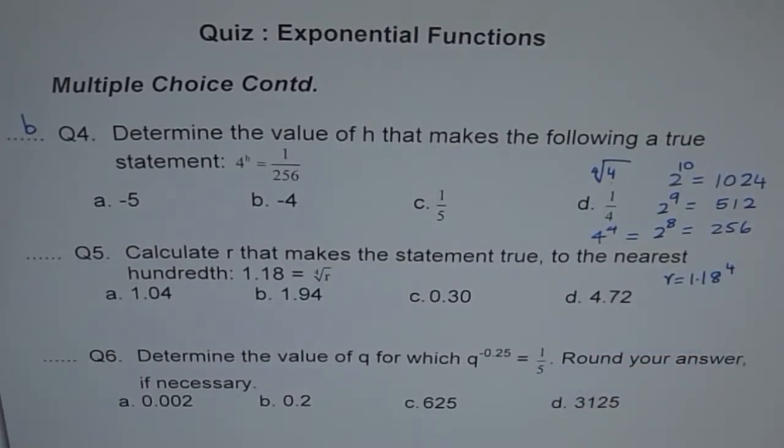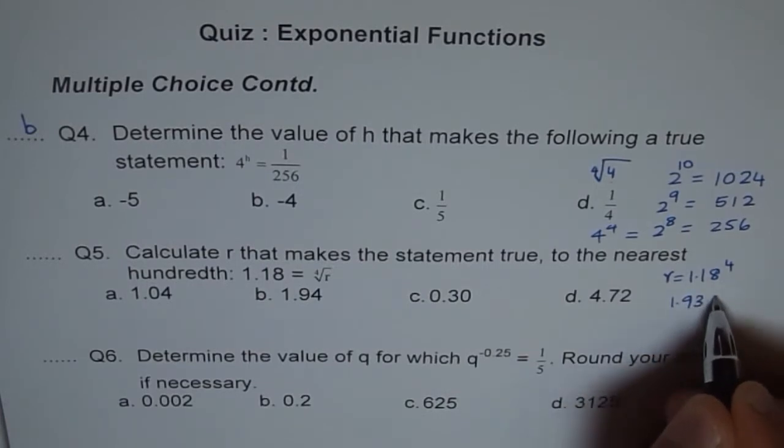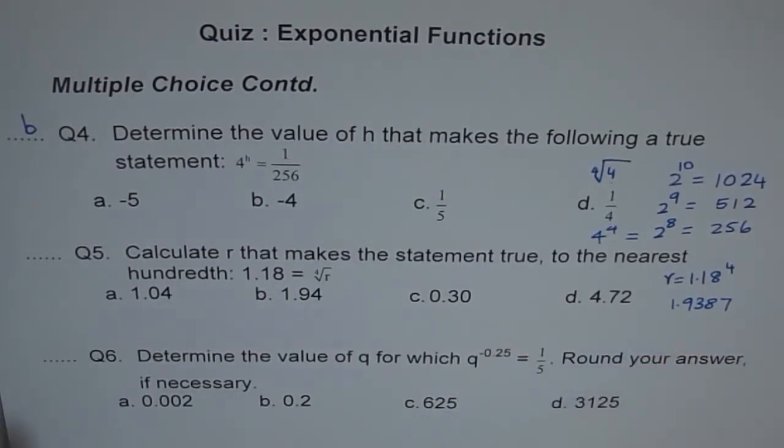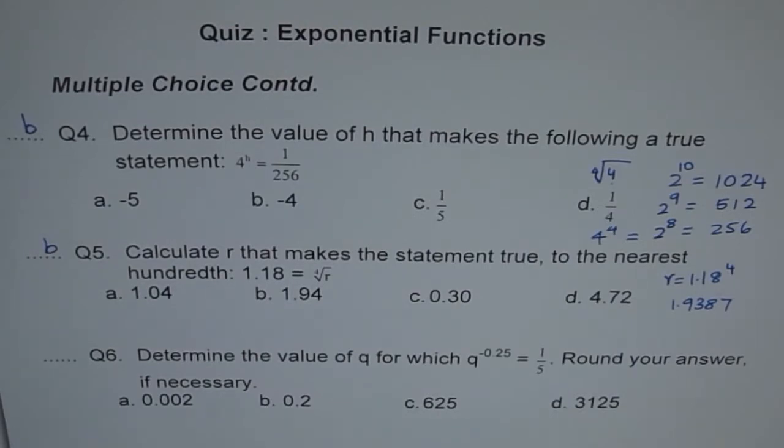So we can calculate this. 1.18 to the power of 4 equals 1.9387. If you want to round it, 1.94 is the nearest value, and we can write B as our answer.